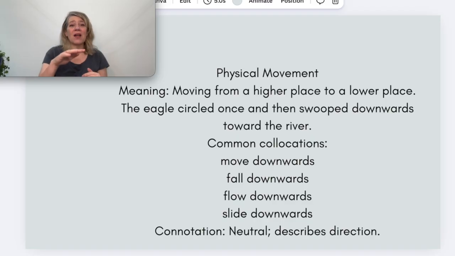But if you fall upwards so your body is above your skis, then you were not in the right stance. You were leaning back and you were probably afraid. So you were doing something wrong. So this is physical movement. You want to fall, if you're going to fall when you're skiing, which usually doesn't hurt a lot, you want to fall downwards because it means your body was moving in the right direction, downwards.